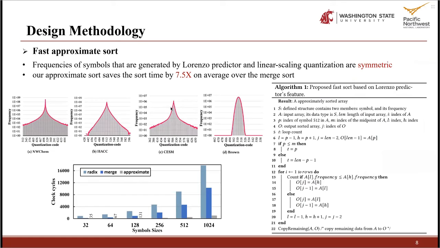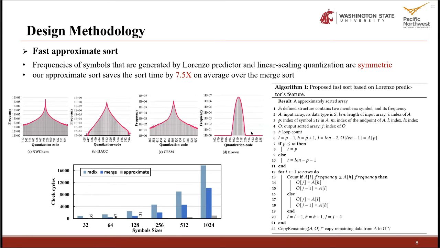Then I will talk about the design methodology. I will first talk about the approximate sorting. As shown in the figure, frequencies of symbols are generated by the Lorenzo predictor, and the linear scaling quantization is symmetric. Besides, Huffman encoding is relatively robust. So we choose approximate sorting to save time.